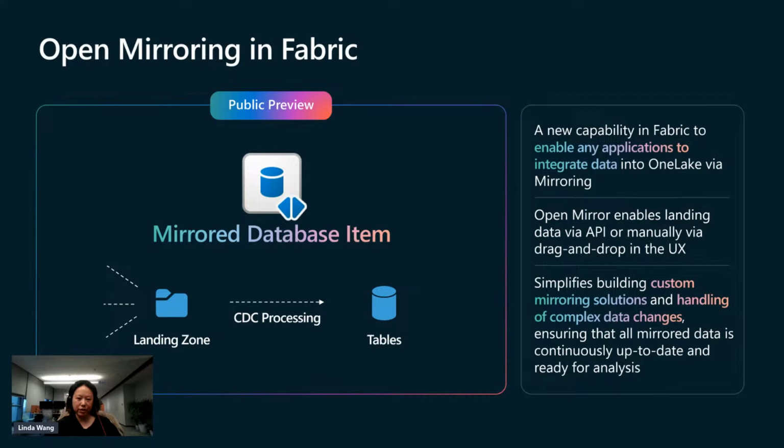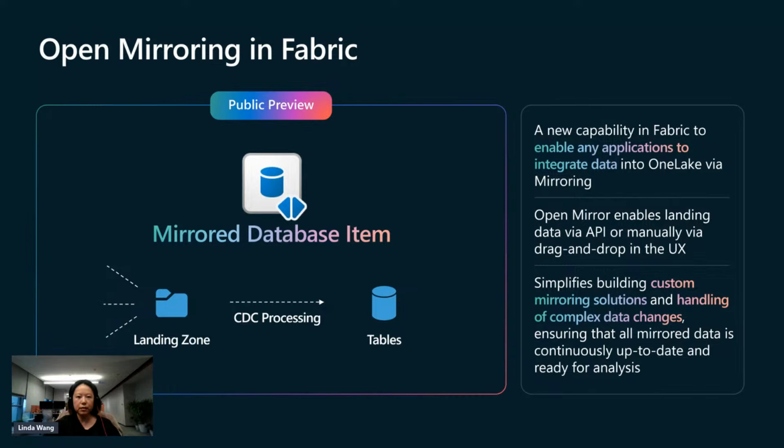Then Fabric mirroring will handle the rest for you. Behind the scenes, from the landing zone to the delta table destination, Fabric mirroring will replicate all the change data and land it in the delta format. Then it's the same as how you can consume that in OneLake afterwards.